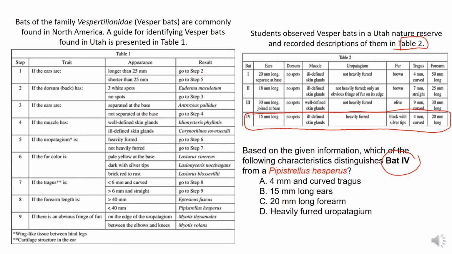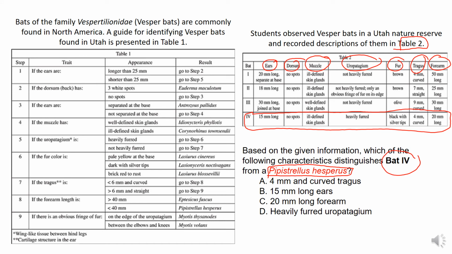It has ears, a dorsum, a muzzle, the uropatagium, the fur, the tragus, and the forearm. So it acts as what distinguishes it differently from the Pipistrellus hesperus.